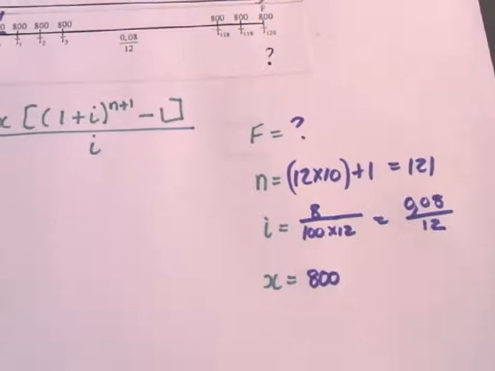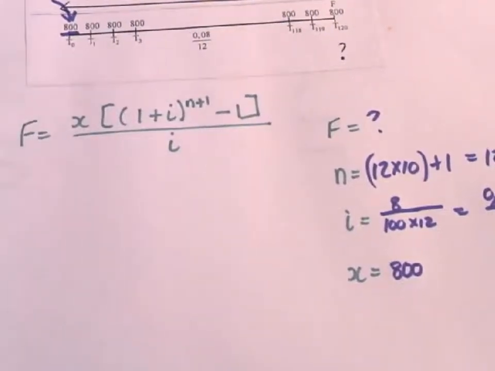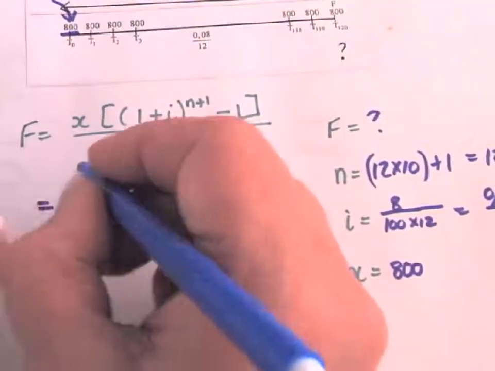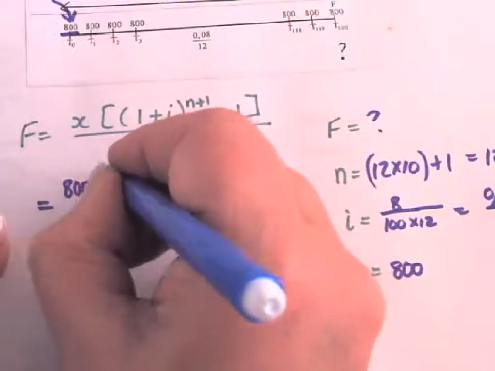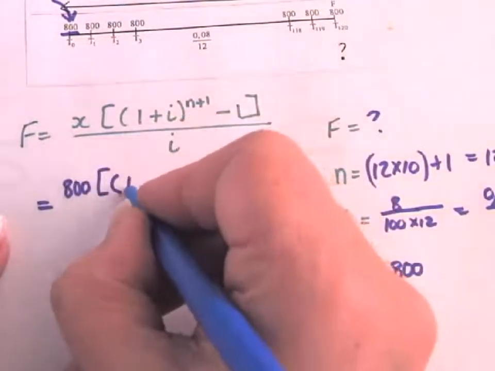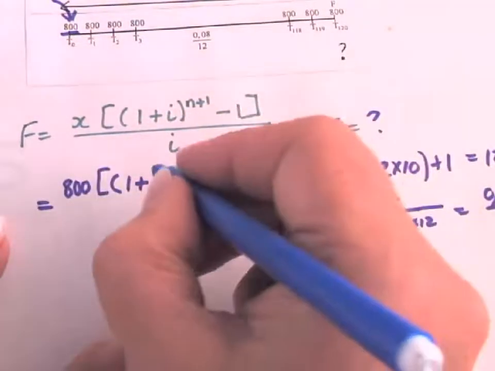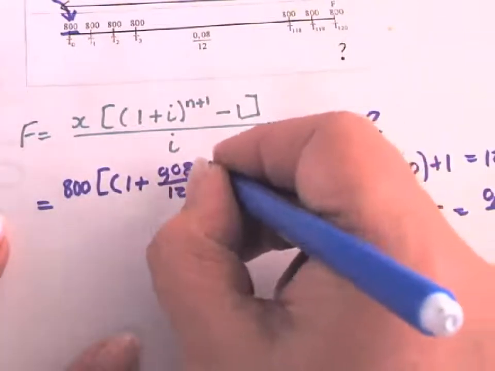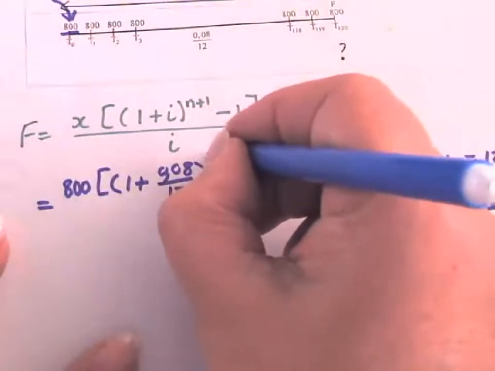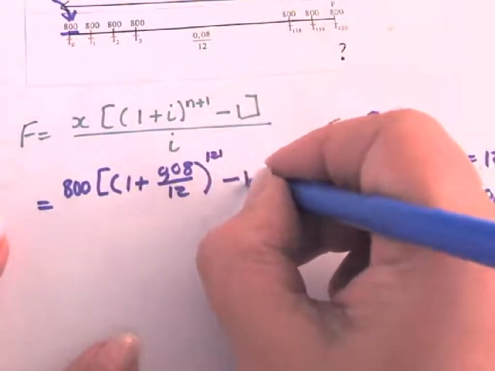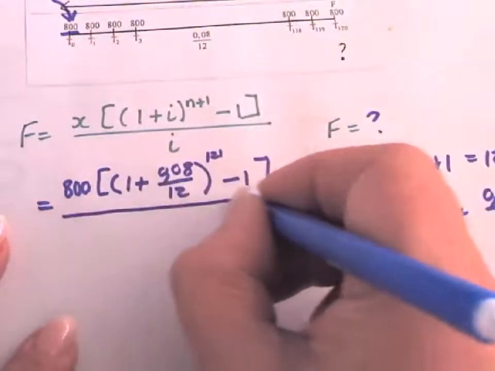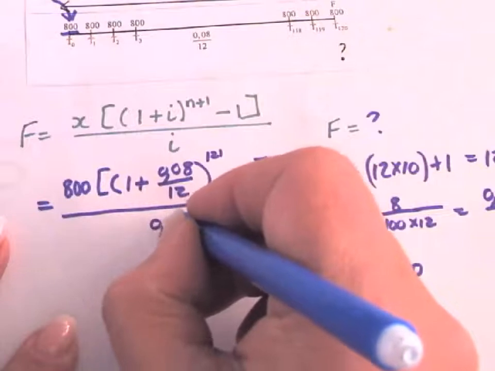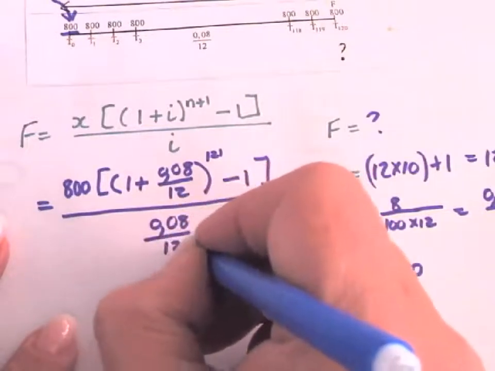Now we substitute that into our formula. X is 800. 1 plus I is 0.08 over 12 to the power of 121 minus 1, everything over 0.08 over 12.